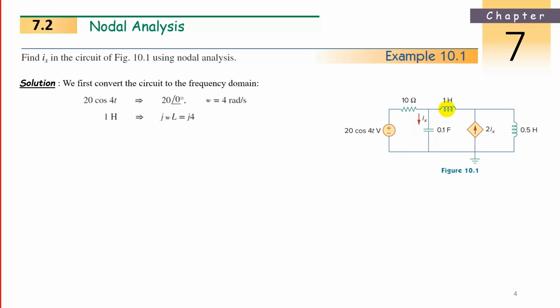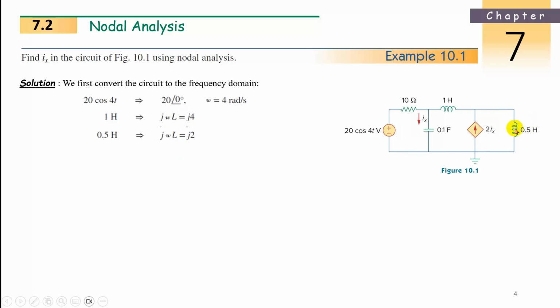Plus jX is inductive. Minus jX is nothing but capacitive. Now coming to the other inductance, 0.5 Henries. 0.5 times 4 is 2, so j2 is your second inductance.